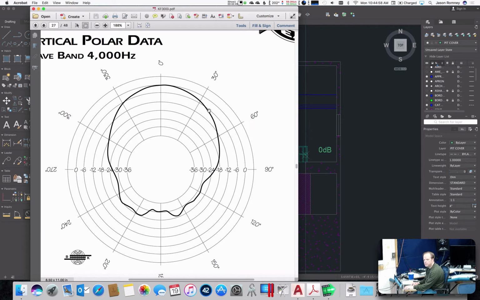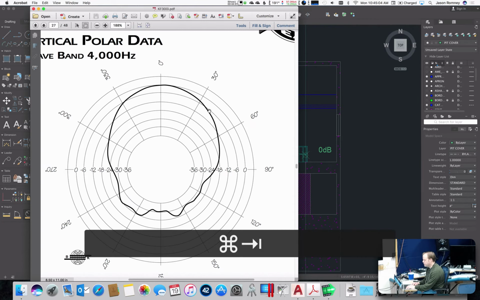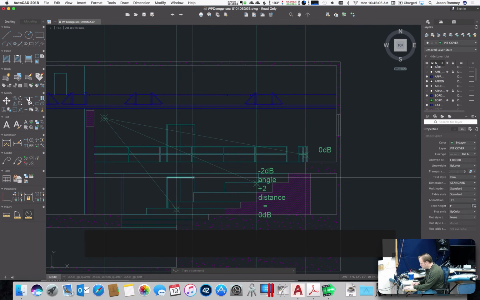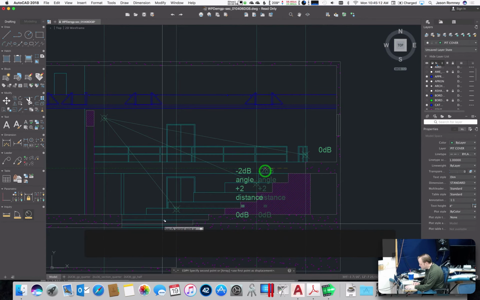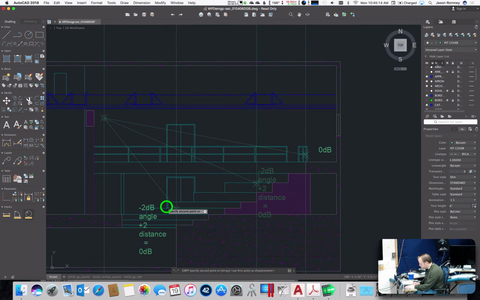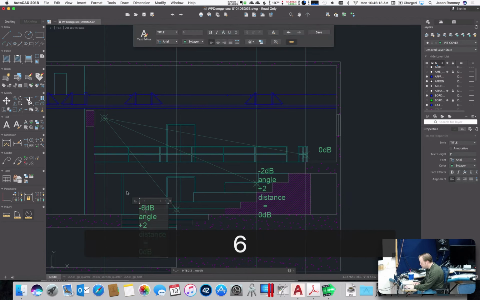Right about there? You see that? Everybody understand how to read this thing? I'm looking at about 6 dB down. So, cool. We'll take this, and I'll copy this down here. So I am at -6 dB for the angle.